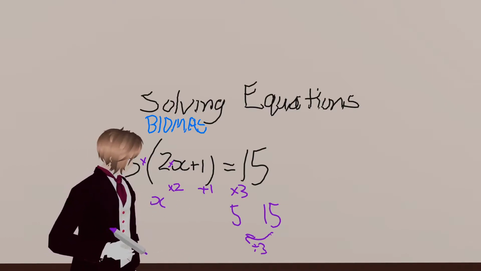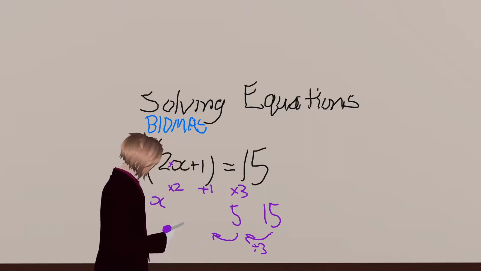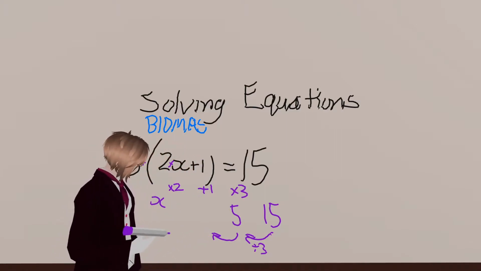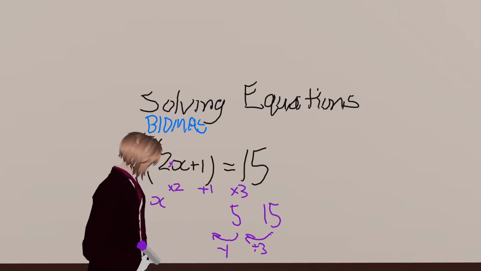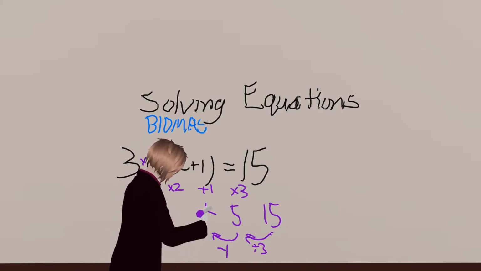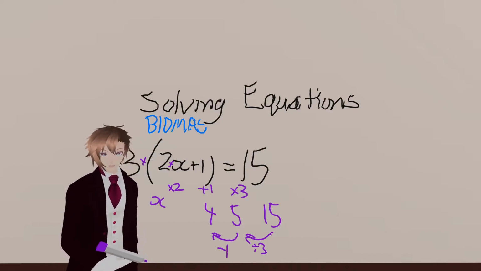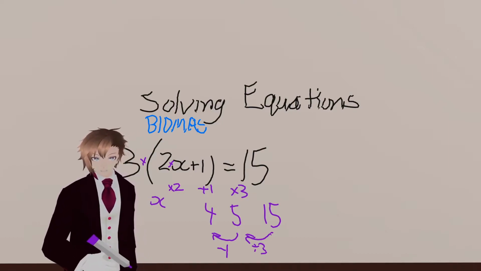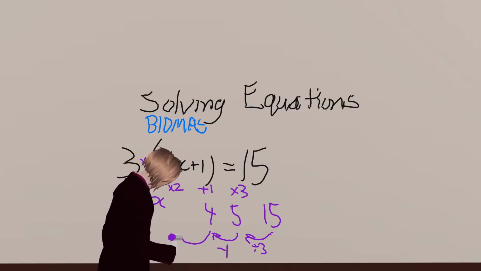Now what do we do? Well, the next step backwards. We plus 1, so we're going to minus 1. And 5 take away 1 is 4. And here we have times by 2. So the opposite of timesing by 2 is dividing by 2. So we're going to now divide by 2.